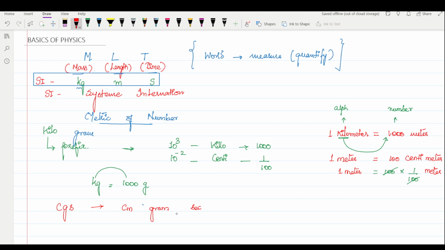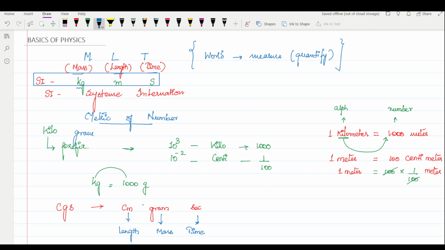If somebody asks you to write the numbers, parameters or formulas in CGS units, you have to make sure that all the units are in centimeter, gram and seconds. Centimeter is for length, gram is for mass and seconds is for time, as we know.